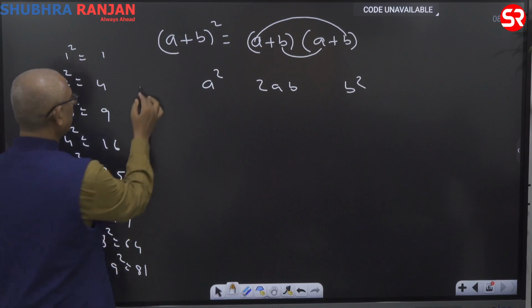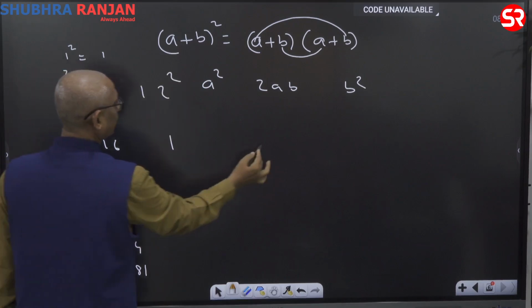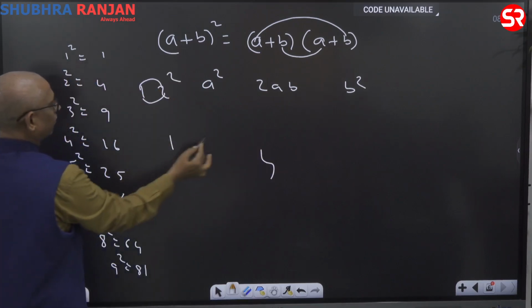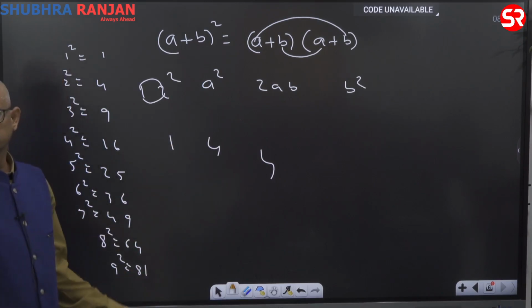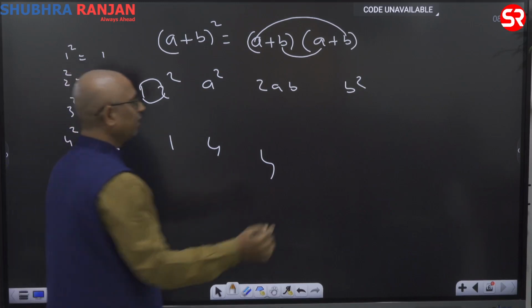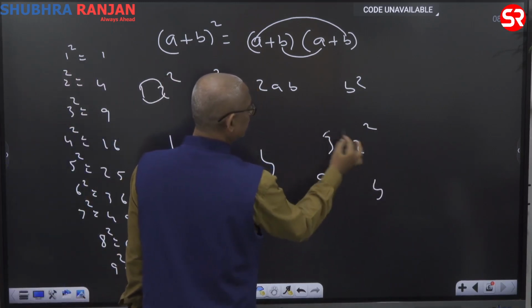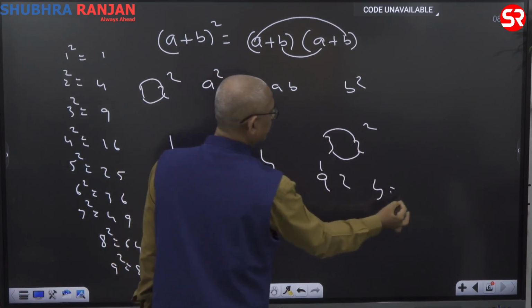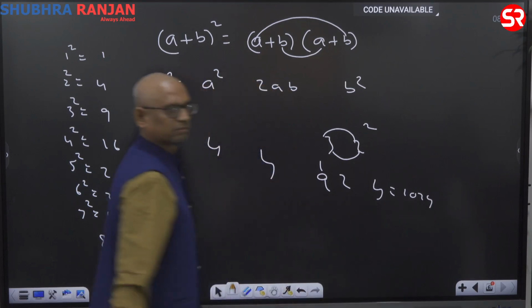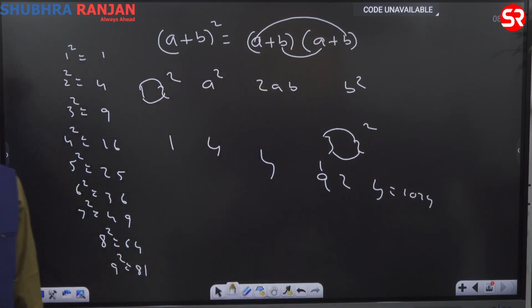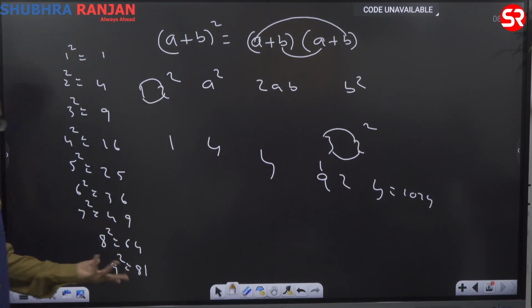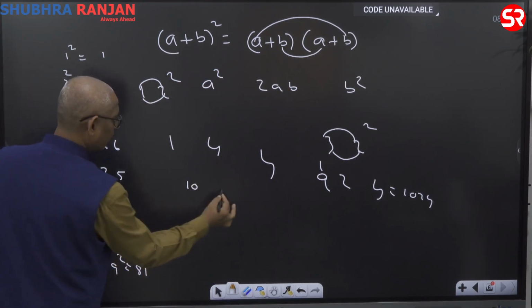If 12 square is there, what? 1, 4. 1 into 2, 2 into 1, 4. If it is 32 square, 9, 4, 6, 6, 12. So answer what? Got it? If it is 102 square, also the same thing. 102 square.